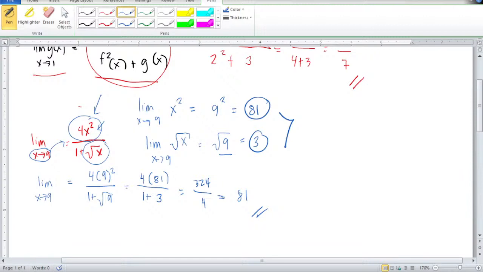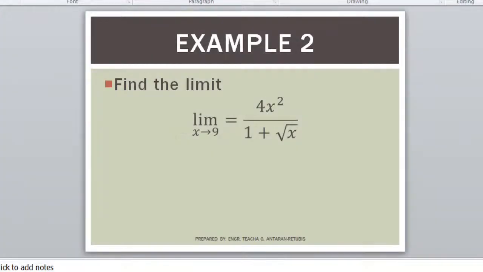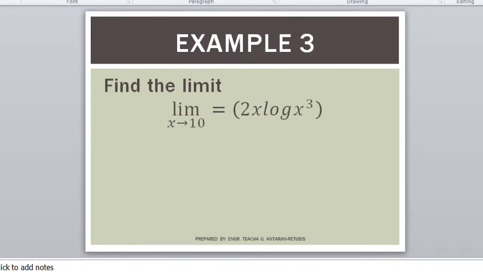Okay, so let us proceed with the next example, which is this one. We are to find the limit of 2x log x cubed. We have a little bit complicated, class, kind of equation. So let us first write this in our Word.